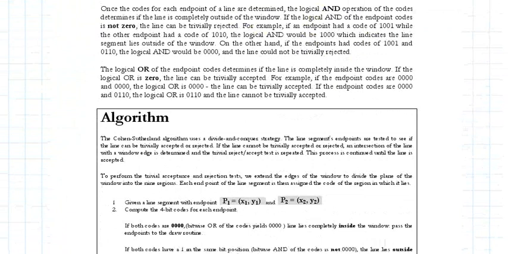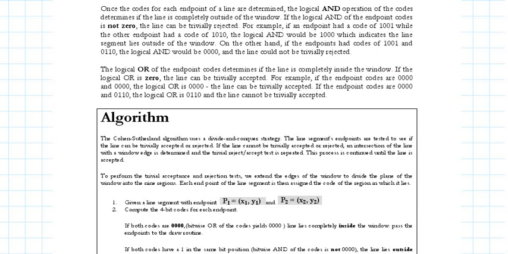So, how does the algorithm go? Just have a look at these statements. The logical OR of the endpoint codes determines if the line is completely inside the window. If you can recall, if both the endpoints of the line are inside the clipping window, the line will be trivially accepted. It implies that the line is totally inside your clipping window.